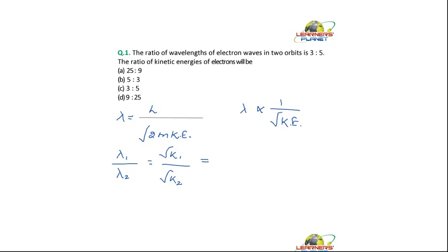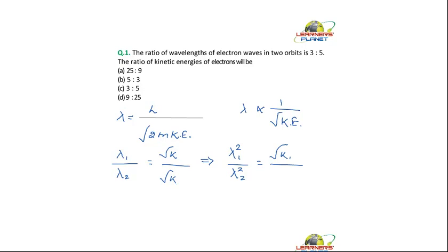Or what else can we write here? This is lambda 1 square upon lambda 2 square is equal to kinetic energy 1, sorry, it should be 2. There is an inverse relationship. I am telling inverse and I am writing direct.